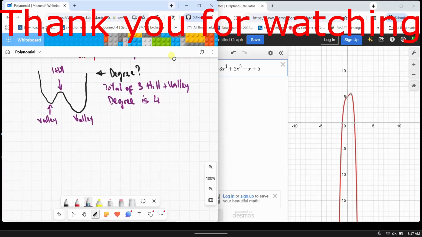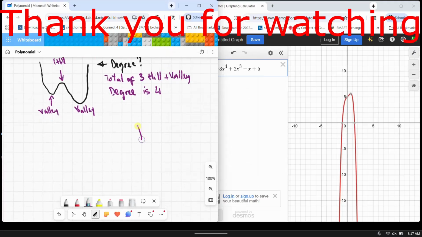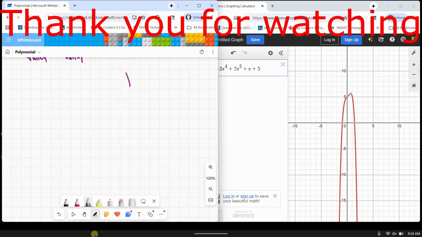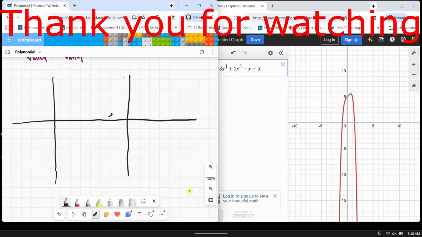So let's move on to, let's summarize the end behavior by using a table. So let's say I have the table like this.